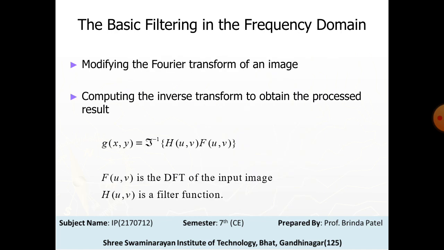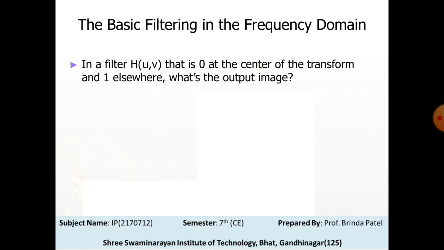g(x,y) is the filtered output image. The functions F, H and g are arrays of size M by N, the same as the input image. The product H(u,v)F(u,v) is formed using array multiplication. So the filter function modifies the transform of the input image to yield the processed output g(x,y).